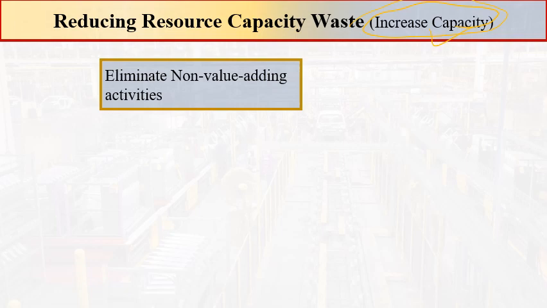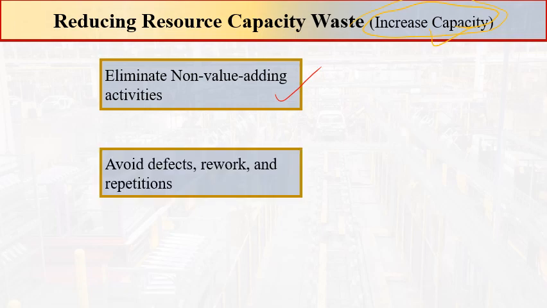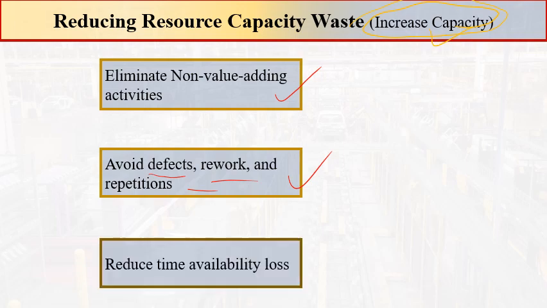So we've talked about this, eliminating non-value added activity. Identify the non-value added activity, again, from the customer point of view, and try to reduce or eliminate them. Avoid defectives, rework, and repetition, because all that eats up capacity. If you avoid all that, it's going to lessen all these things that are eating up capacity.